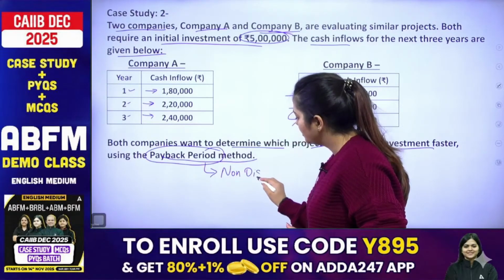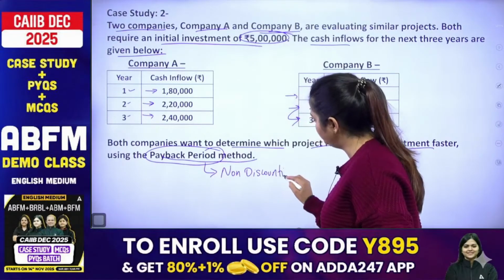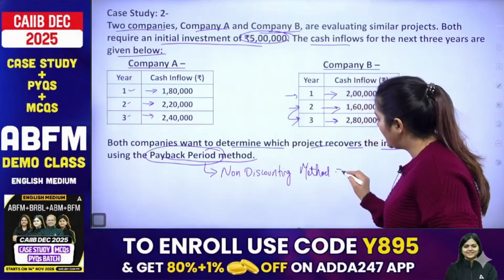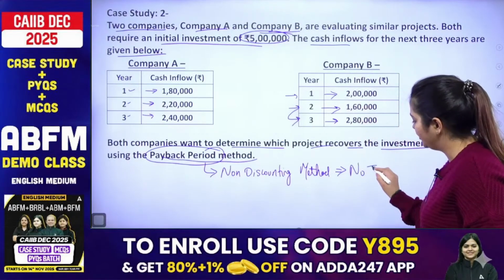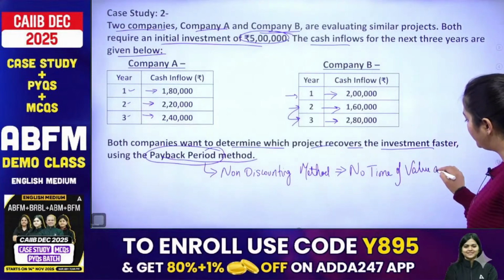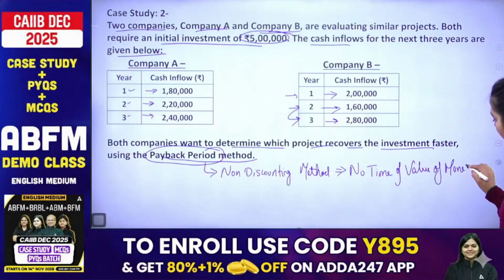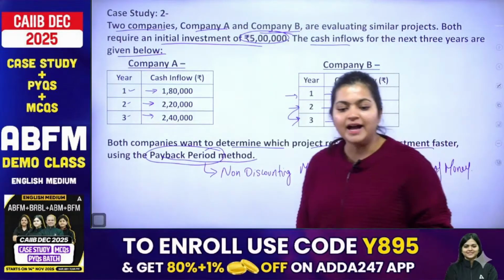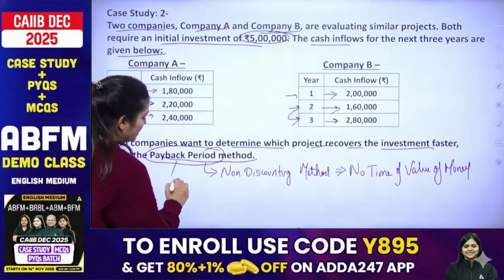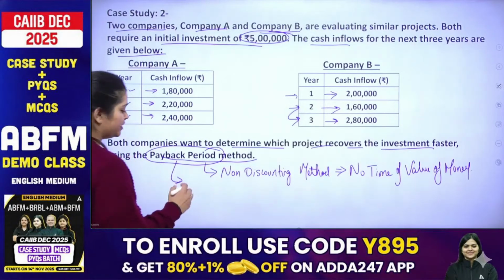This is your non-discounting method. Now, as per this method, we are not going to use any time value of money. There is no time value of money we are going to apply, meaning we can directly apply the method. So, what is the meaning of the payback period method?